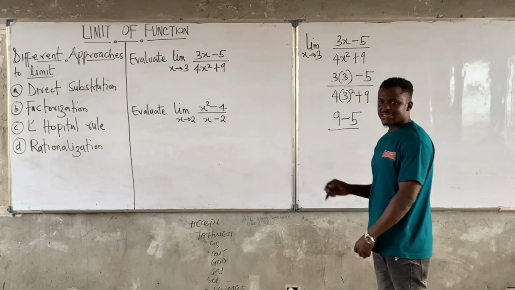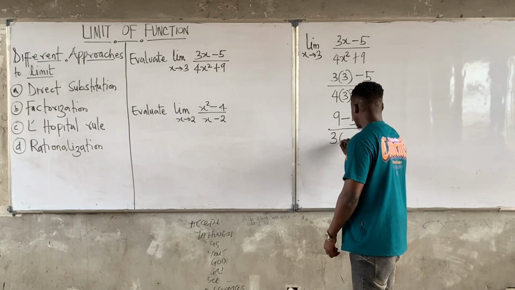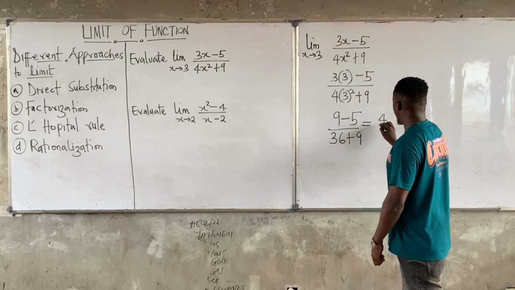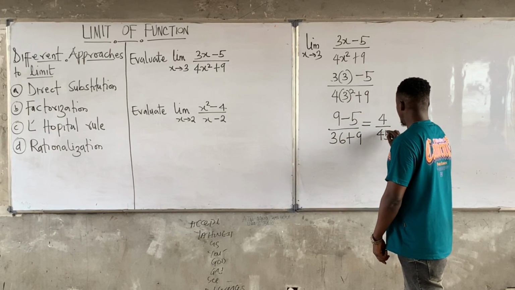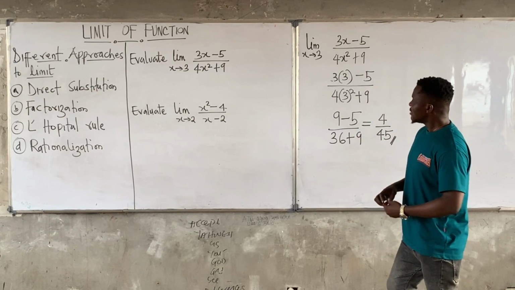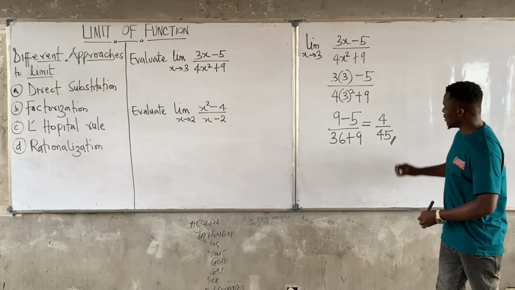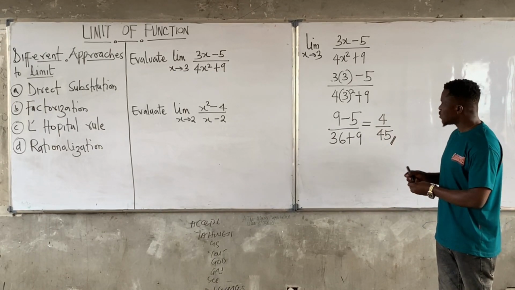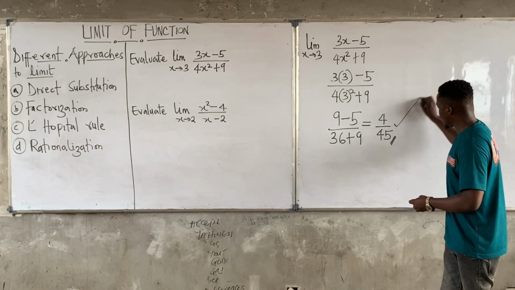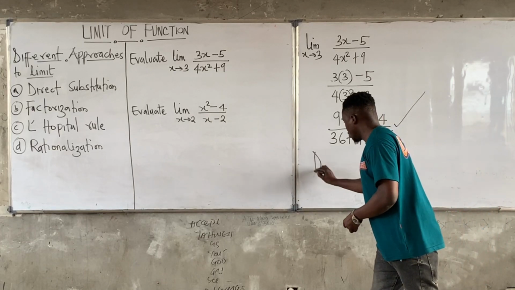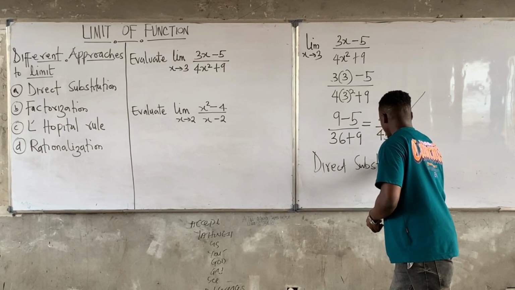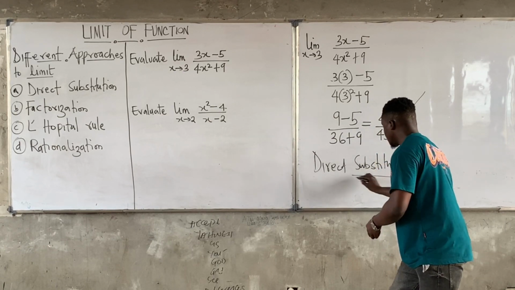Now 3 squared is 9, 9 times 4 is 36, plus 9. So this becomes 4 over 45. So class, since the answer to this question did not give rise to 0 over 0, this limit is not indeterminate. So this is actually correct. Direct substitution will work for this.